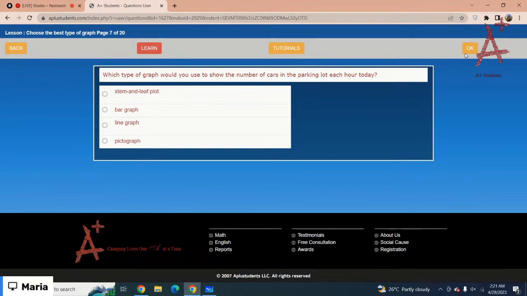Stem and leaf. Each hour today. That means you're going to use line graph. Whenever the time is involved, you need to record the data after every hour. You can use the line graph.